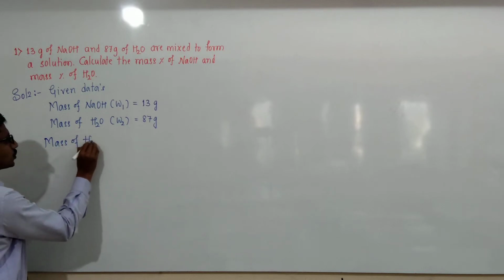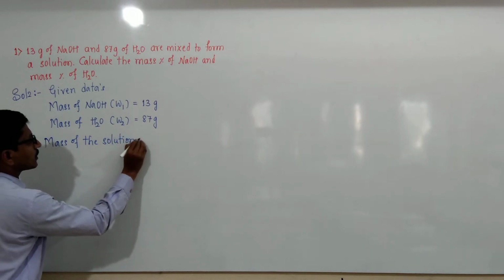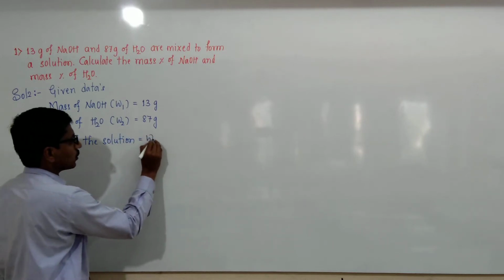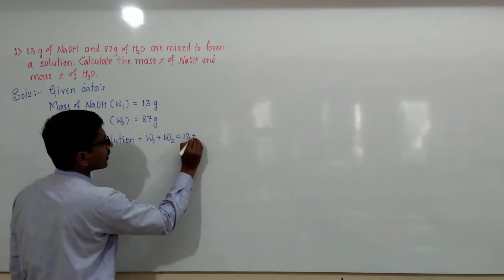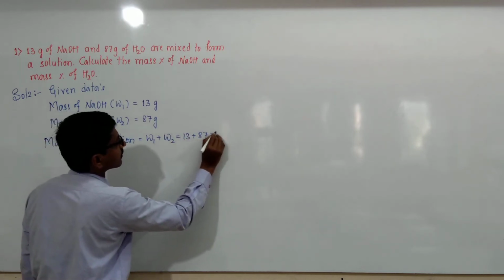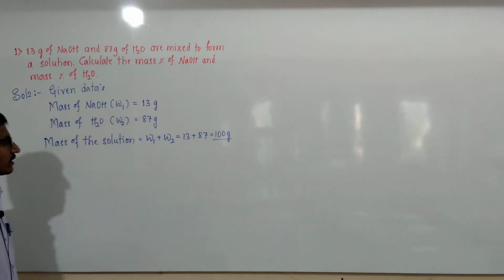Mass of the solution is equal to W1 plus W2, this is equal to 13 plus 87, 100 gram. Mass of the solution is 100 gram.